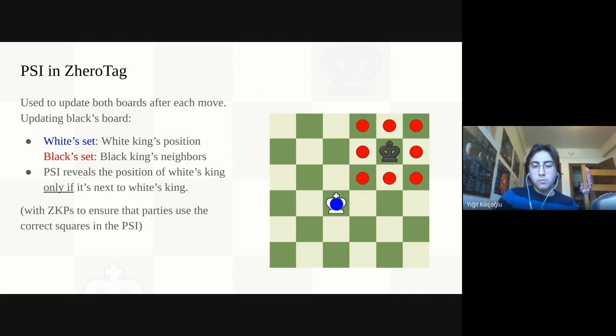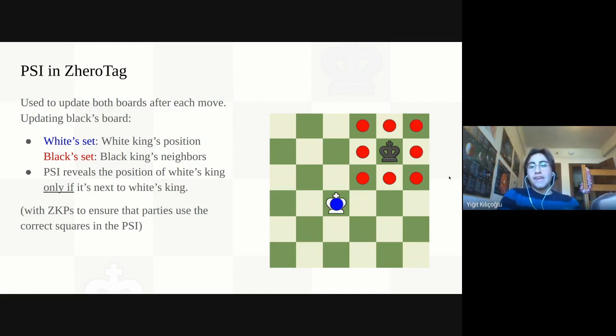And something that I should mention here is that these protocols are so delicate that I really have to be careful with every single step. For example, let's say the Black King was at the very corner. In that case, you have only 3 neighbors where the Black King can see: the first square is this one, the second square is this one, and the third square is this one.